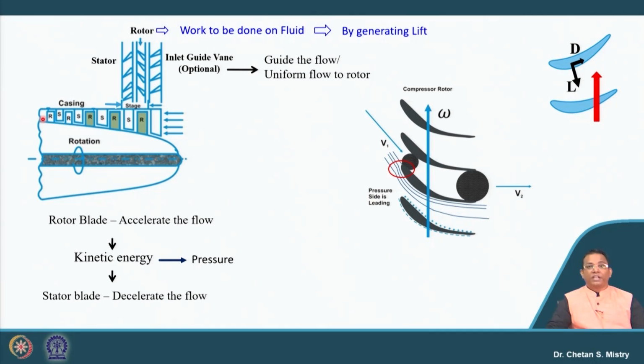Now, since it is working under adverse pressure gradient and this aerofoil is a fragile body, there is more chance of the flow getting separated from the suction surface or the pressure surface. That is the reason the turning of this aerofoil is not permitted too much, and that is why we do not have a single stage generating a very high pressure ratio.